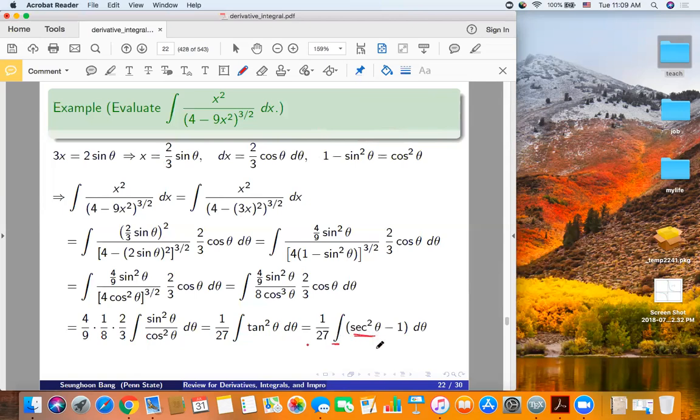Do you know the integral of secant squared? The integral of secant squared is tangent theta. So we have 1 over 27 tangent theta minus theta plus c.